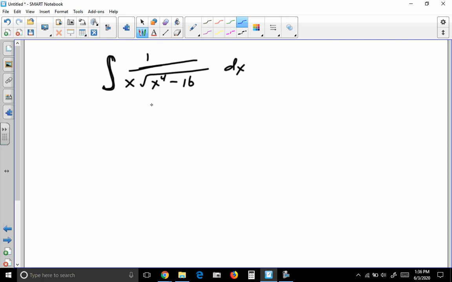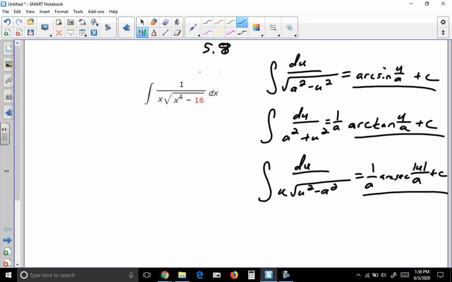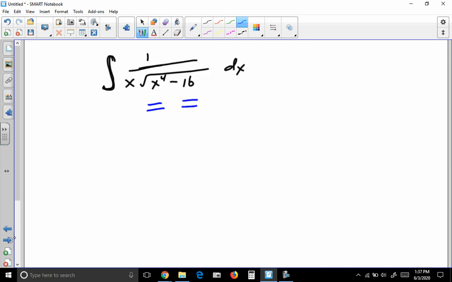Now notice we have a variable squared here minus a constant. So if we look at these, this one has a constant minus a variable. This one doesn't have a square root. This one has a variable minus a constant. So most likely, we're going to be trying to get this into the form du over u times the square root of u squared minus a squared.